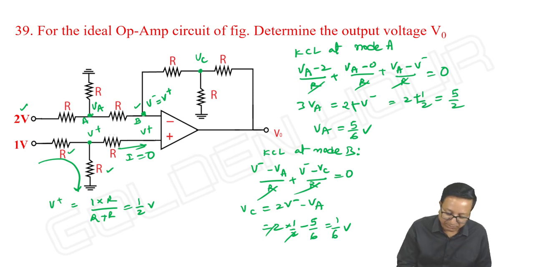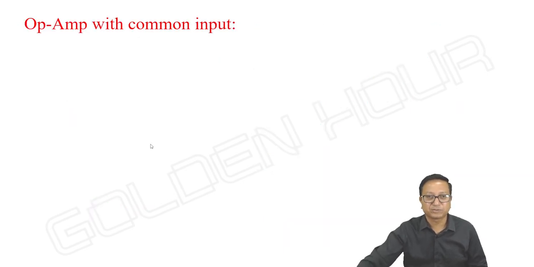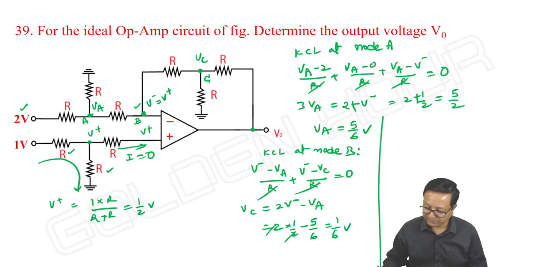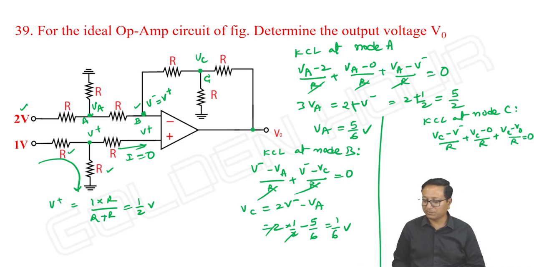Next. Here V minus is known and VC is also known. By taking the node equation here, we can find the voltage at the next point. Okay. So KCL at node C: VC minus V minus by R plus VC minus 0 by R plus VC minus V output by R is equal to 0.